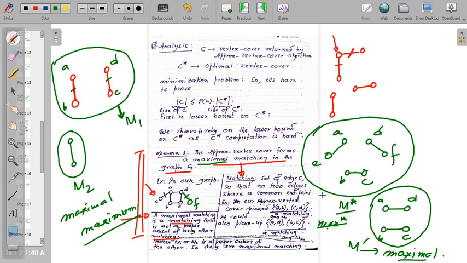And if you observe our approx vertex cover, the way it picks up the edges, it will output either this or this. So our vertex cover is outputting a maximal matching. That is the observation we have got, and that will be very much essential for further proceeding.